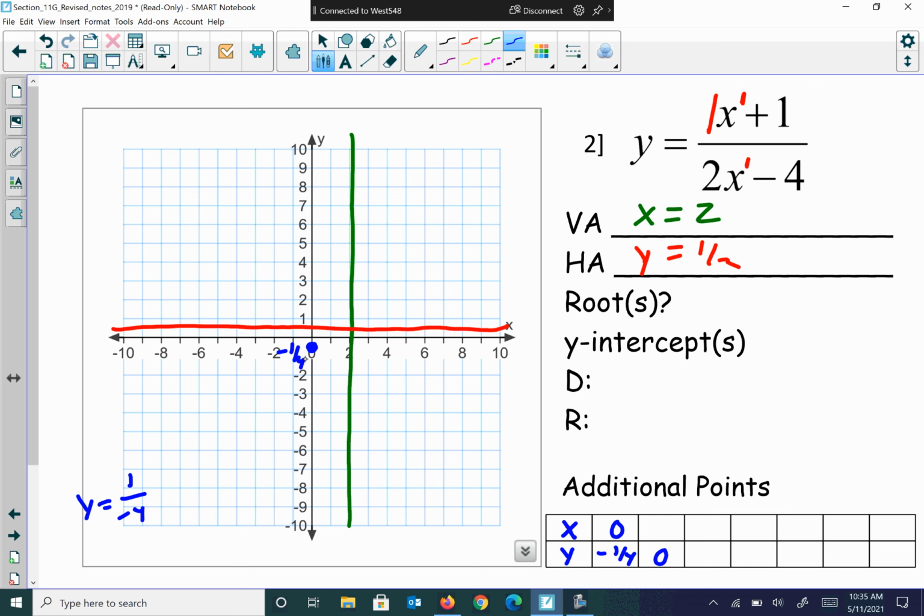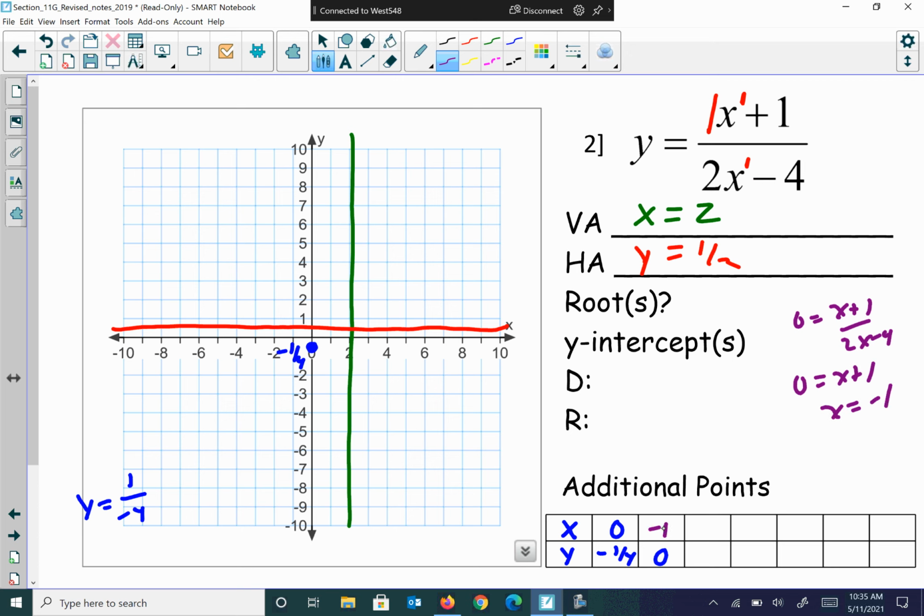Okay? And then if I wanted to find the other point, this is a y value. So if you plug 0 in for your y value, if I multiply both sides by 2x minus 4, I get 0 equals x plus 1. So x equals negative 1.